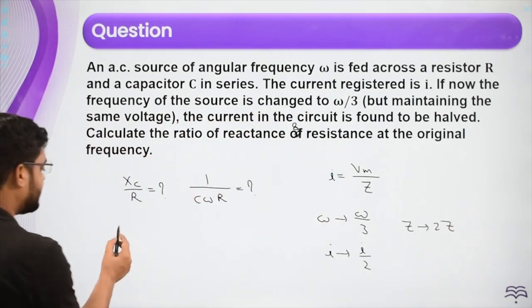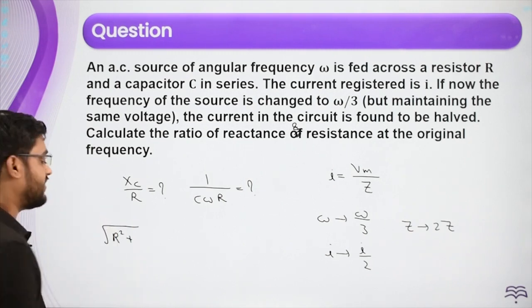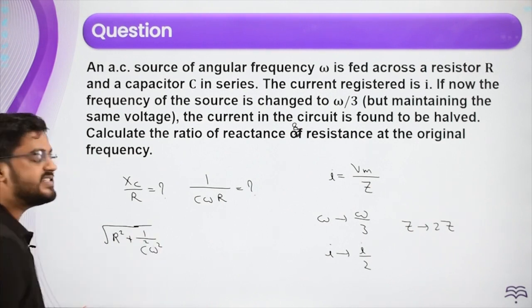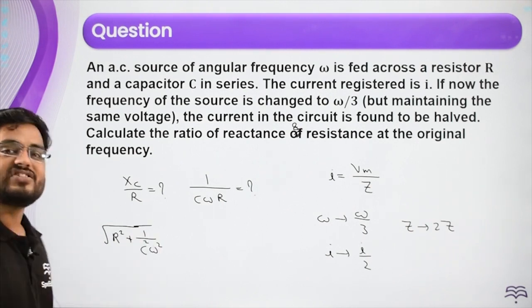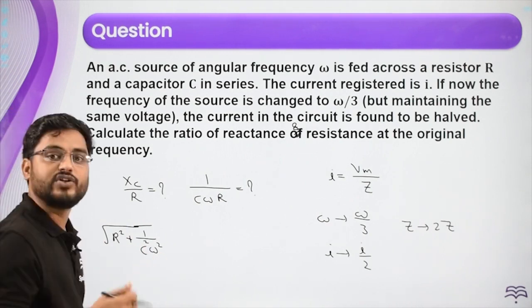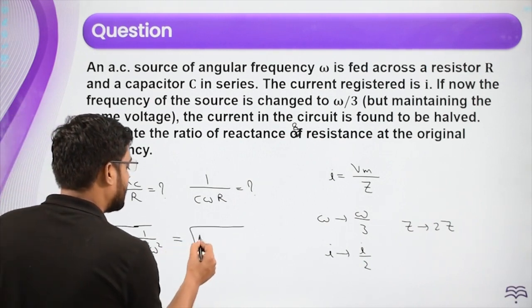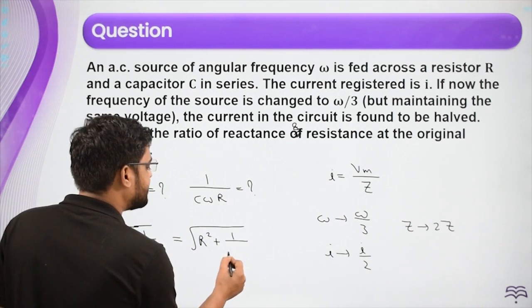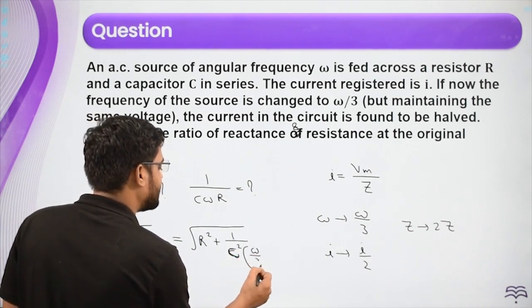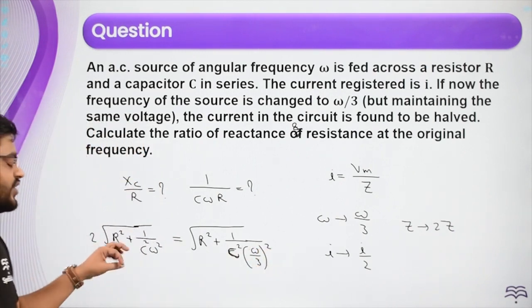Z was under root R square plus Xc square, and Xc is 1 by C omega, squared. When omega changes to omega by 3, this quantity becomes twice. So twice of this quantity is under root R square plus 1 by C omega, but now omega is omega by 3, so square of that.